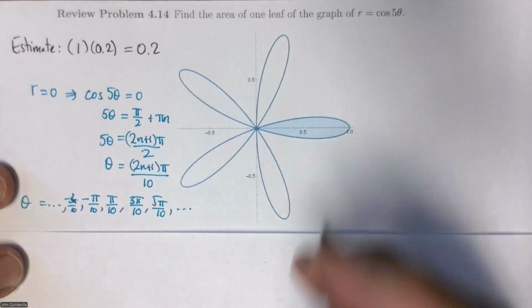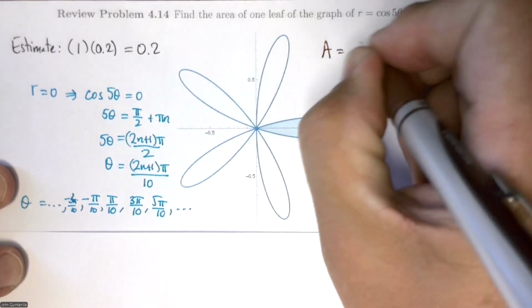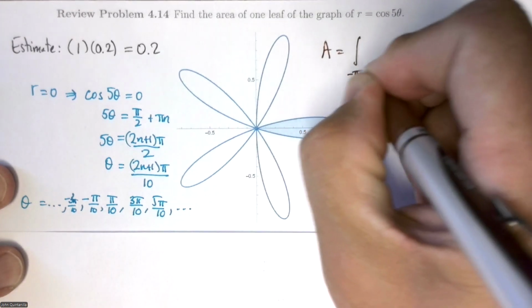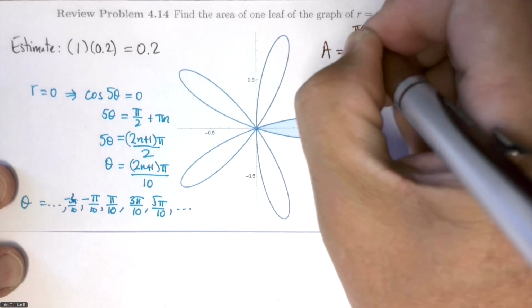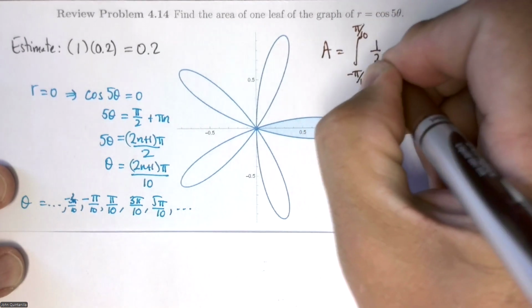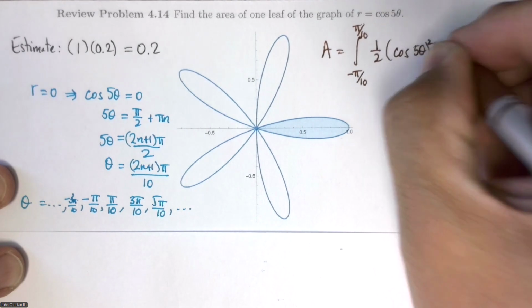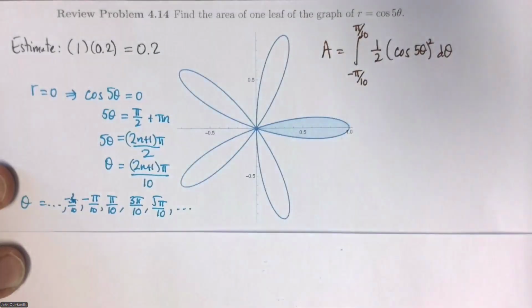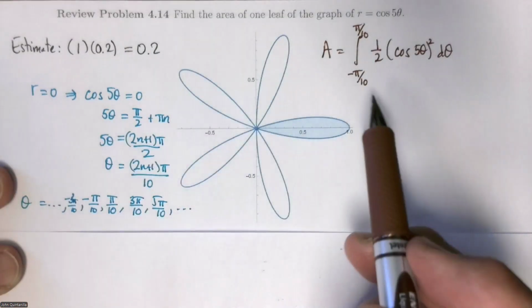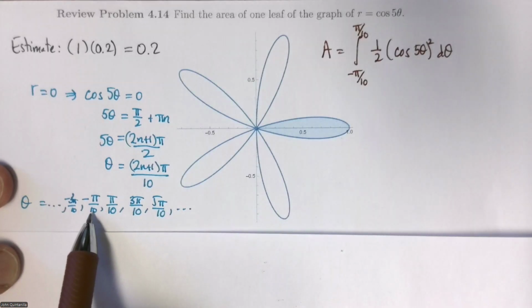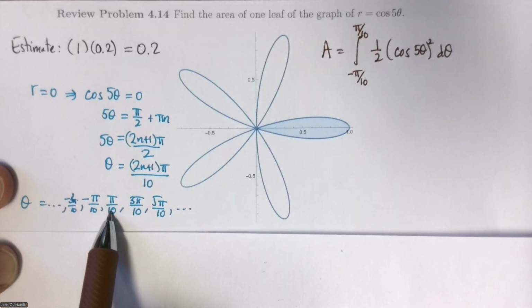And so the area that I will set up will be the integral from negative pi over 10 to pi over 10 of 1/2 of cosine of 5 theta squared d theta. That is my formula for finding the area of a region in polar coordinates. Now, I chose this boundary between negative pi over 10 and pi over 10.